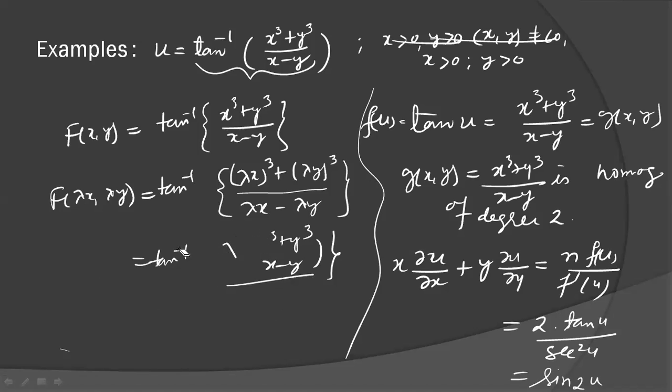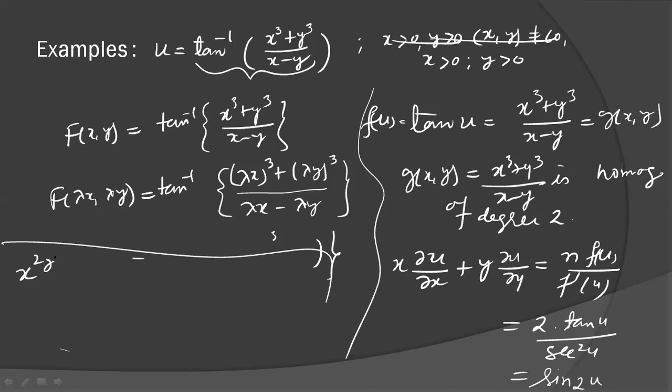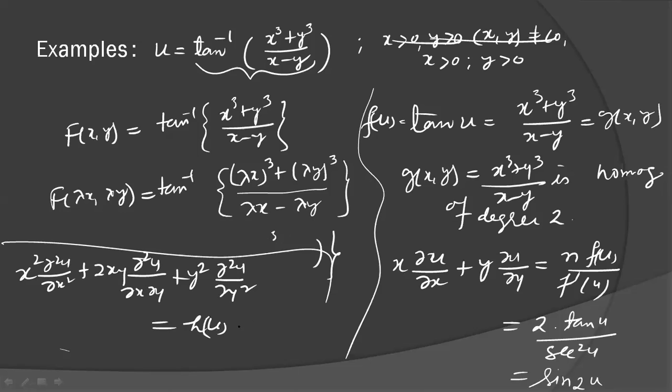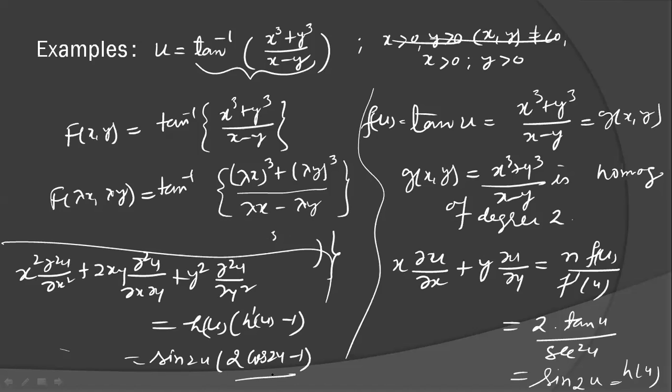For the second derivative, your h(u) will be sin 2u now, and for sin 2u, you have to find h'(u). So x square ∂²u/∂x² plus 2xy ∂²u/∂x∂y plus y square ∂²u/∂y² is equal to h(u)(h'(u) minus 1). This is your h(u) now. So it will be sin 2u times (2 cos 2u minus 1). So this is the second derivative.